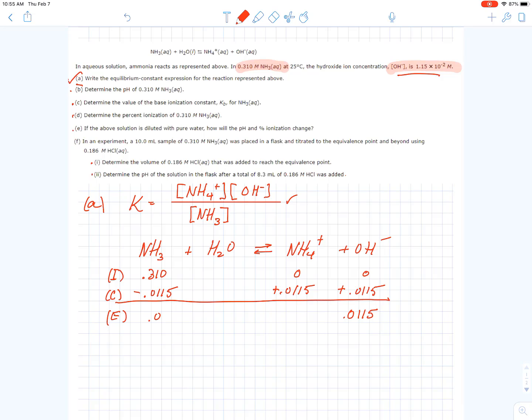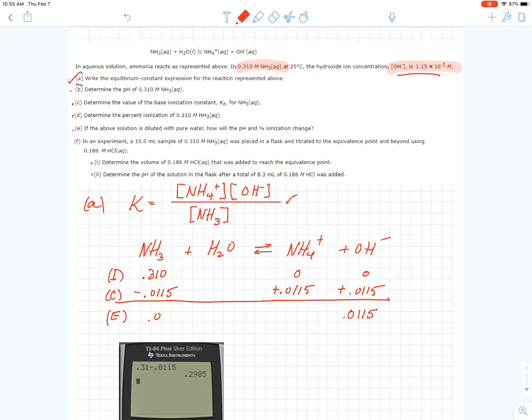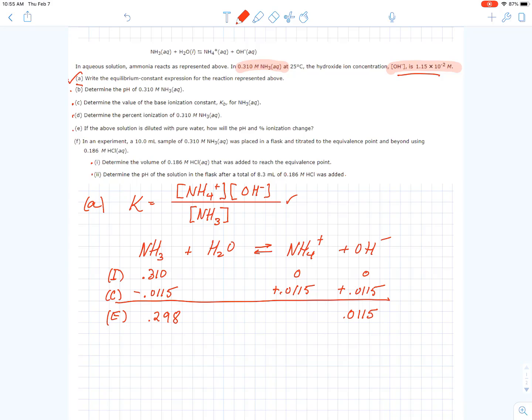It's worth the time. So there we go. I've got my calculator, did the subtraction, and there we go. 0.29, and I'm going to round it off to 8. You could round it up if you wanted. It doesn't make any difference. Now we know exactly what's happening in equilibrium.